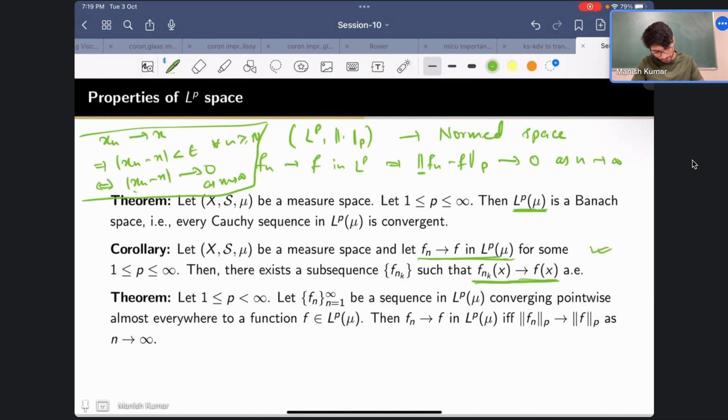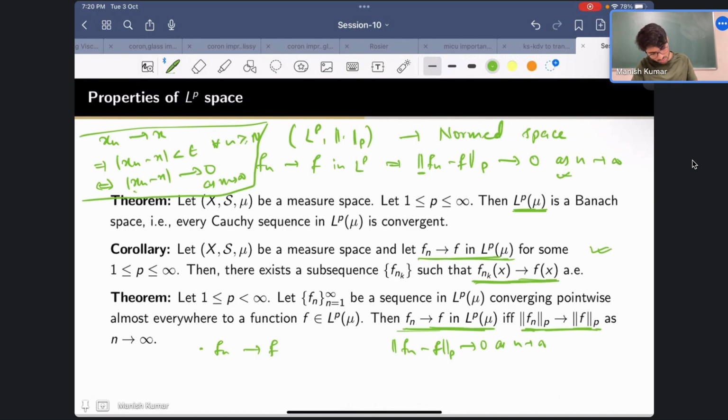Now this is what I was saying here, that Fn converges to F in LP. This means that the P norm of Fn minus F goes to 0, as I have defined here. But this is equivalent to proving that norm of Fn converges to norm of F. So there are 3 points. Fn converges to F, so this is an important assumption.